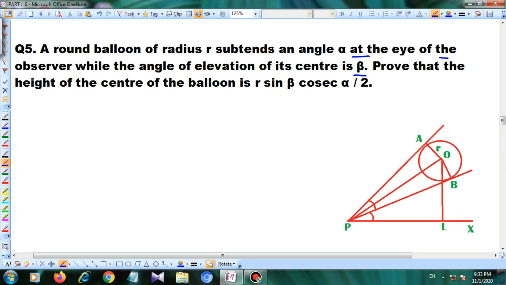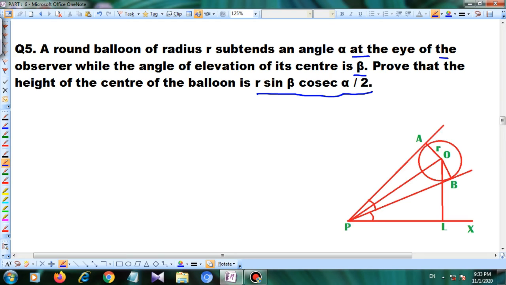Then prove that the height of the center of the balloon is r sine beta cosec alpha by 2. Clear? So suppose this is our balloon of radius r, which subtends angle alpha at the eye of the observer.